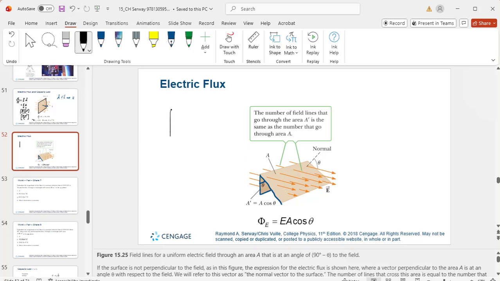Here's my first flat plane, and then it's connected to a slanted plane, and the electric field would be moving through it like this. And so you'll notice that here's my angle theta.